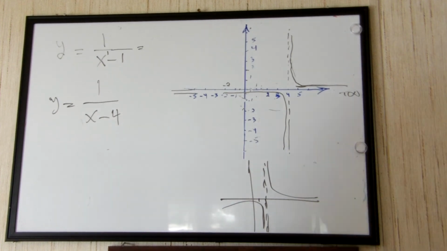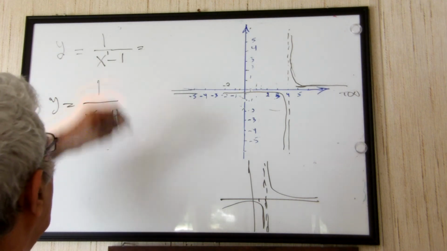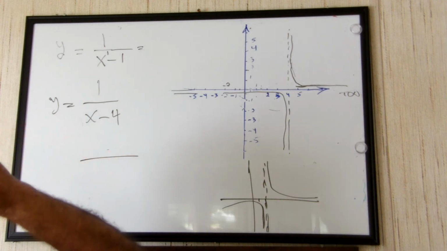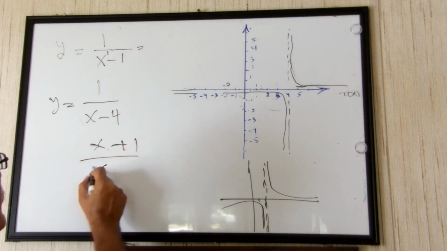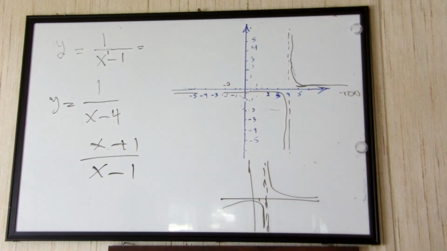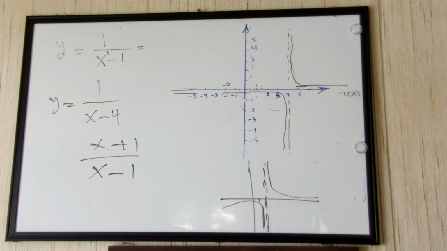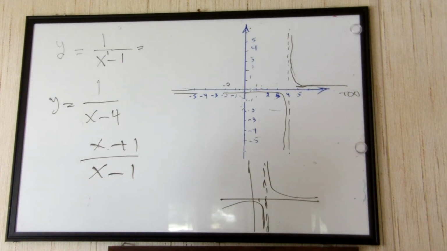So these are the things, but we just talk about the simple one. Next we are going to talk about x plus 1 divided by x minus 1. What is going to be the vertical and horizontal asymptote? We'll talk about this later.